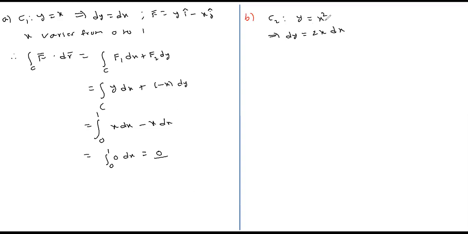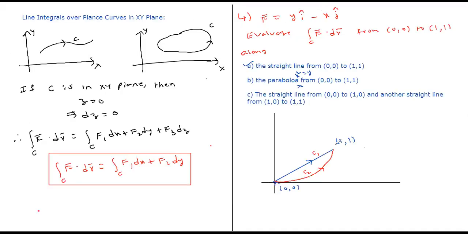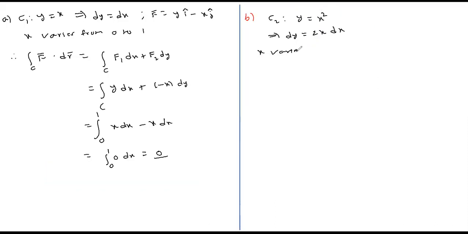Y in terms of x, because x in terms of y involves roots. Ideally we want to avoid roots. Therefore again I want to write x limits only. So again x changes from 0 to 1.